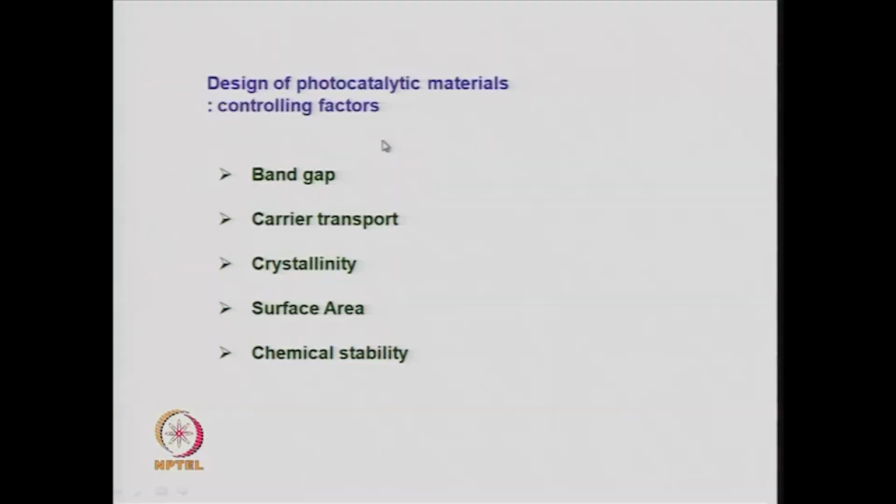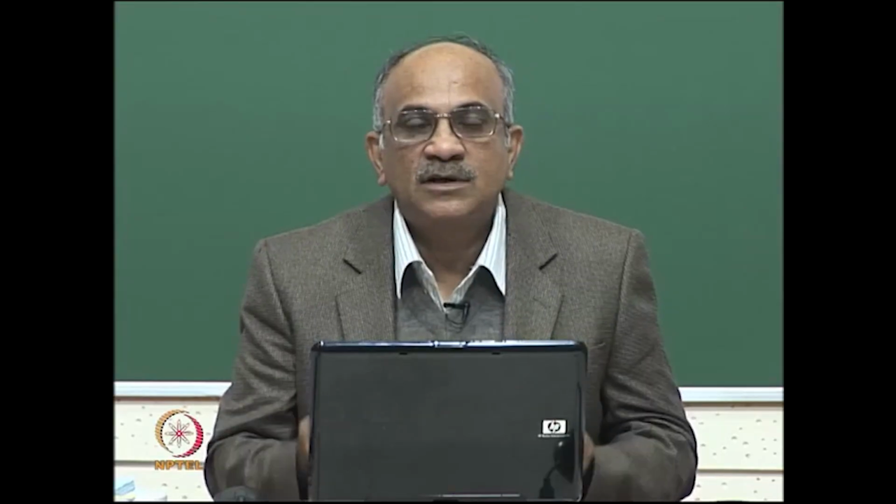So, design of photocatalytic materials: how do you design a good photocatalyst? There are certain characteristics of these materials, and one is the band gap. You cannot use a material which has a very high band gap, because then you will need light of very high energy, but you want to use light which is easily available, and that is solar radiation.